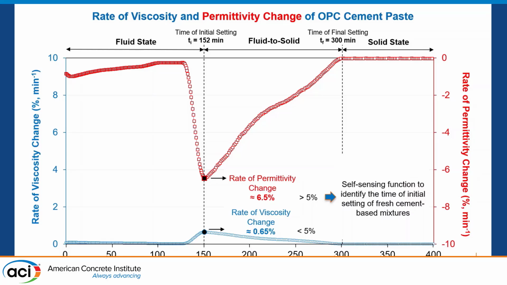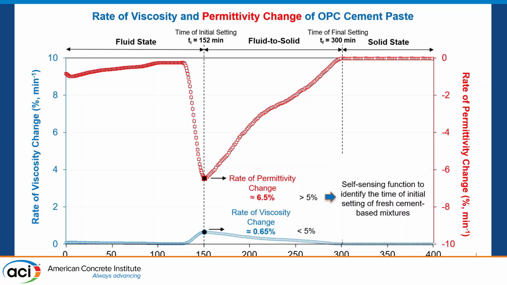And I included here a threshold that is according to the literature. According to the literature of cementitious materials, a change of a property of 5% identifies a material as a smart material, a material that can detect a change in its structural shape.